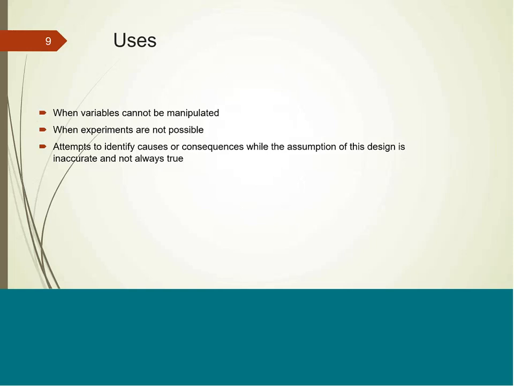And you would also use this model when experiments are not possible. If it's not possible because of location, or it costs too much, or it takes too much time, or when other methods will not work. It attempts to identify causes or consequences, while the assumption of this design is inaccurate and not always true. Next slide, please.